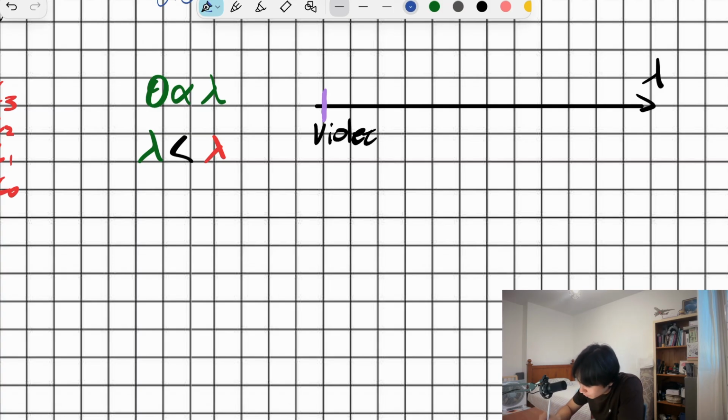And then there is sort of bluish, there is greenish, and then yellowish. I don't have orange here, but there is orangish and then reddish at the longest wavelength, right? So necessarily, from this here, we can see that red has a longer wavelength than green, right?